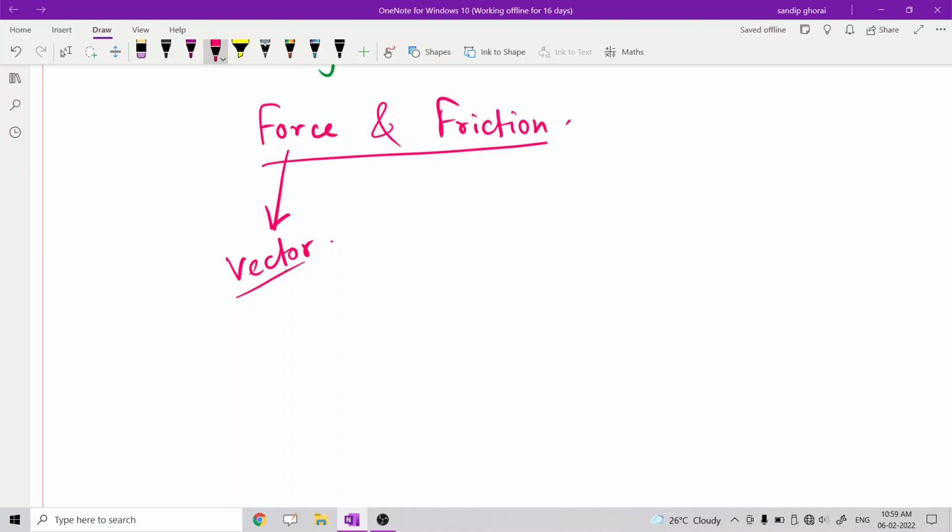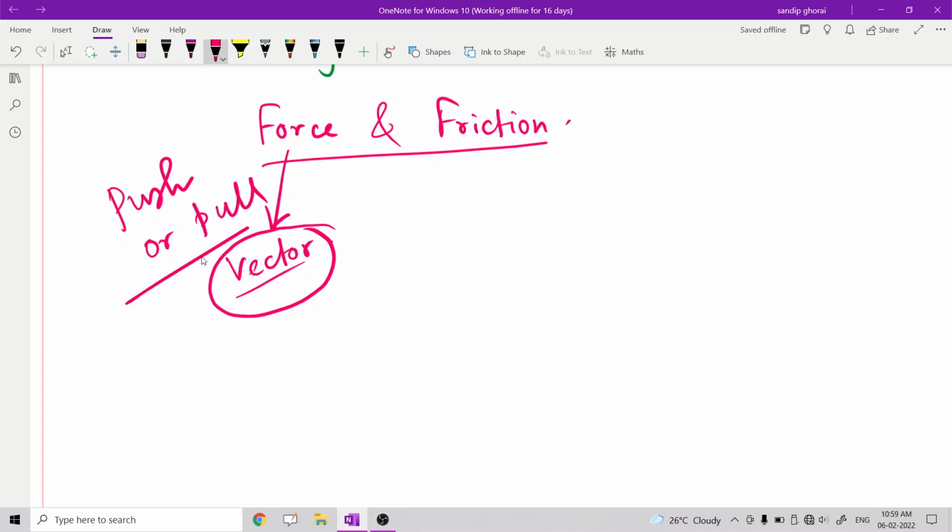A force can also move a stationary object, a force can stop a moving object, or a force can change the direction of a moving object. So these are the effects of force.